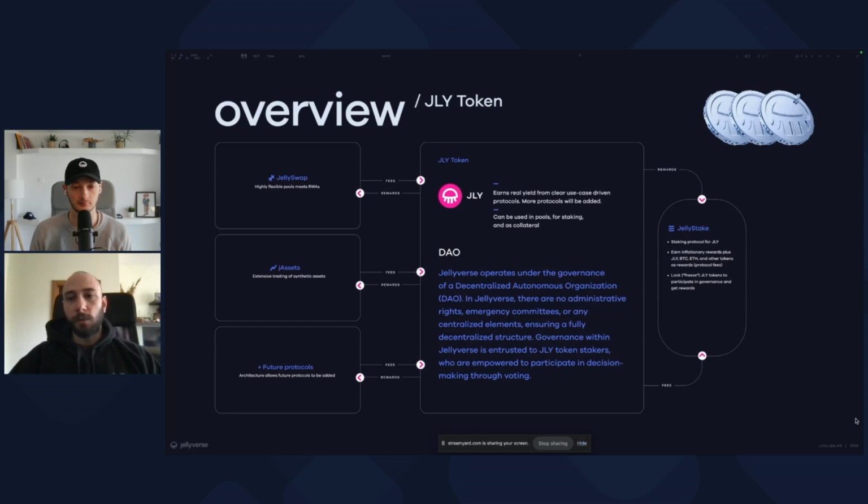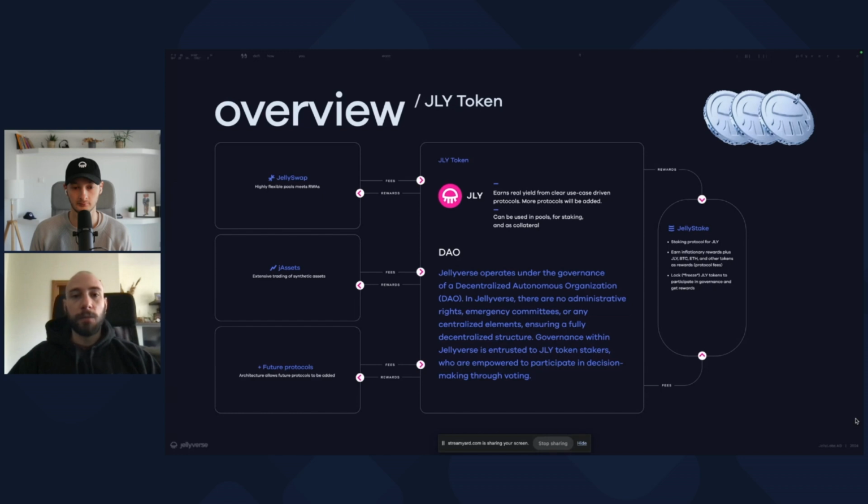So stakers will stake Jelly. They will contribute to governance and make all those important decisions, whether small or big, like specific fees on JellySwap, maybe changing some parameters with jAssets or anything else with future protocols. And for that, they will get a share of the fees from those protocols.